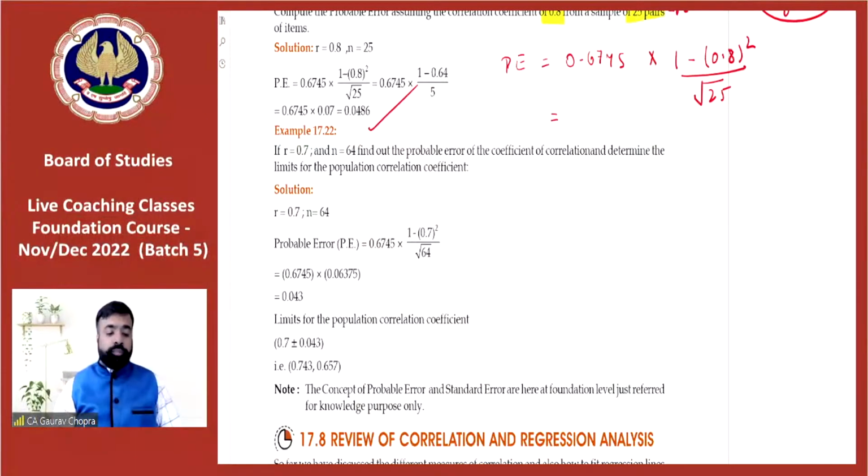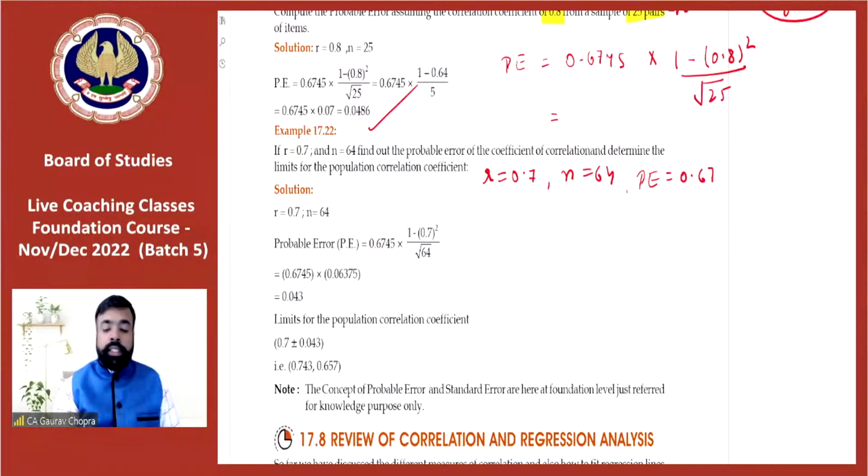Now 22. So again, the similar question, but here you also have to find out the limits. So question is saying R is 0.7, N is 64, and you have to find out the probable error.